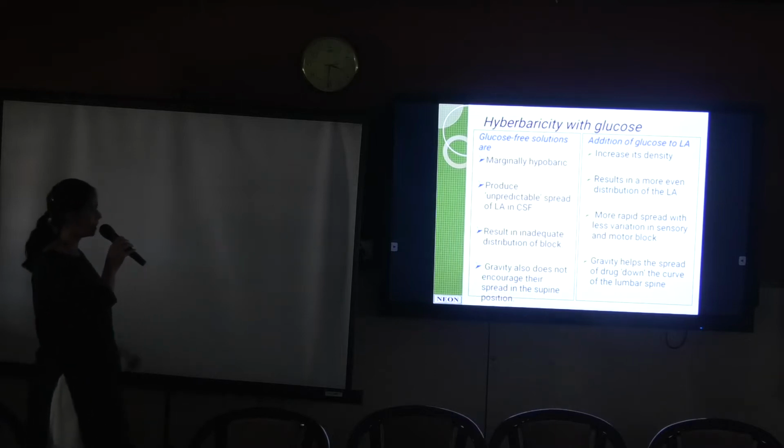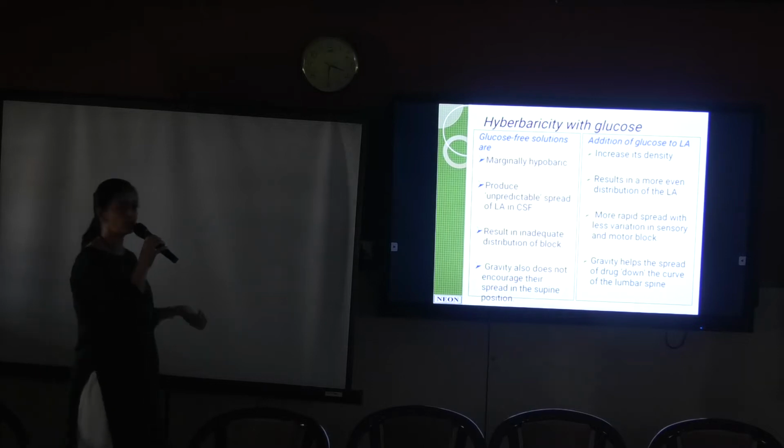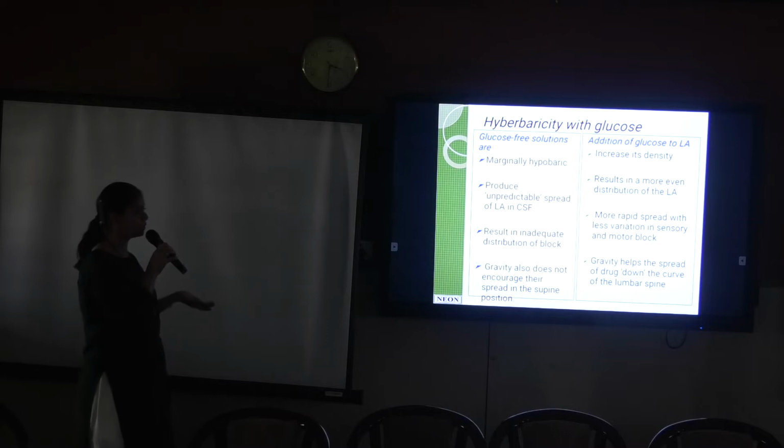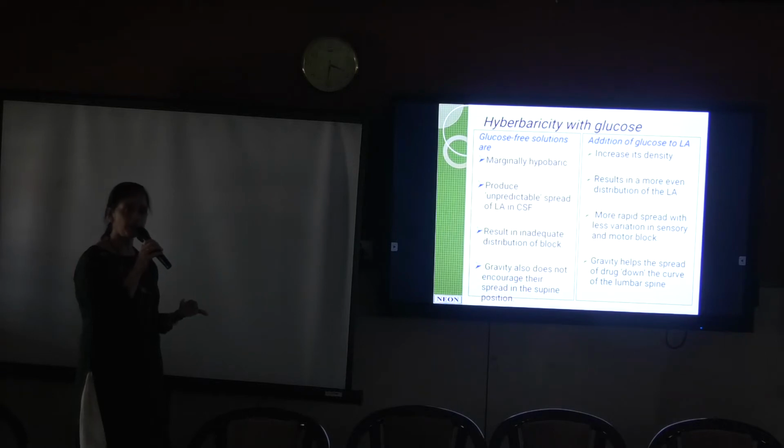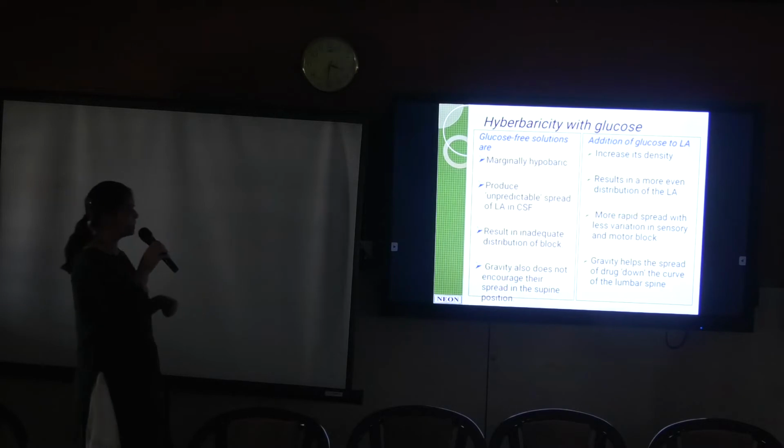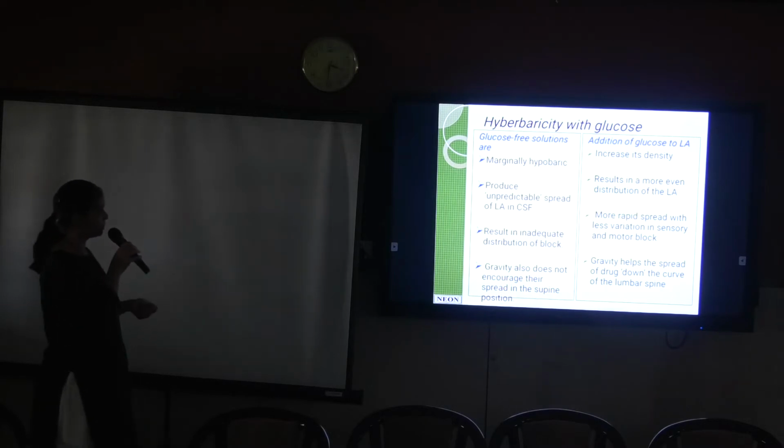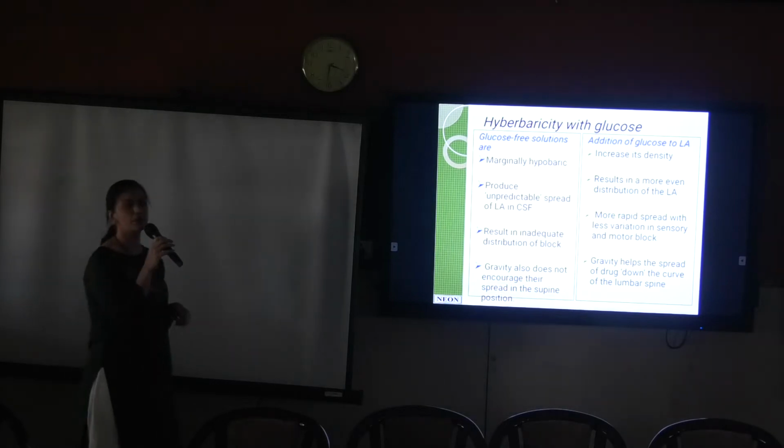Gravity does not encourage the spread in the supine position if one is using isobaric or hypobaric solutions, as we have seen today morning also. Paliwal sir gave spinal Ropivacaine in lateral position, with the operating side up only. So gravity does not play a role there, whereas gravity helps the spread of drug down the curve of the lumbar spine.